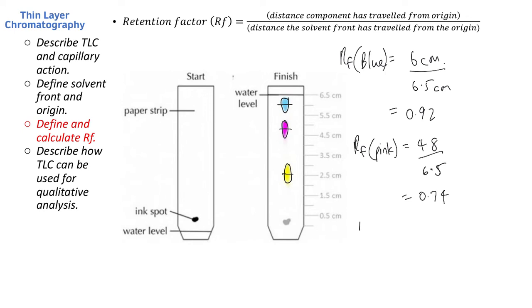And the Rf of the yellow, let's say that's 2.55 over 6.5. 2.55 divided by 6.5 is equal to 0.39. So if you have a smear and it's a range of distances, you don't go by how far it's gone to the tip, you go by the center part.